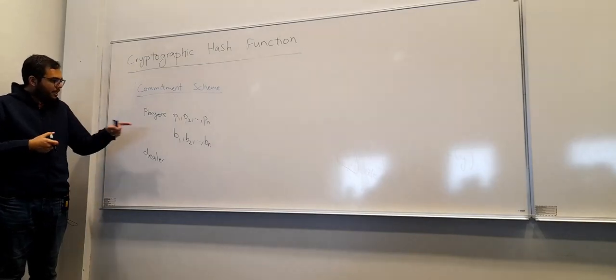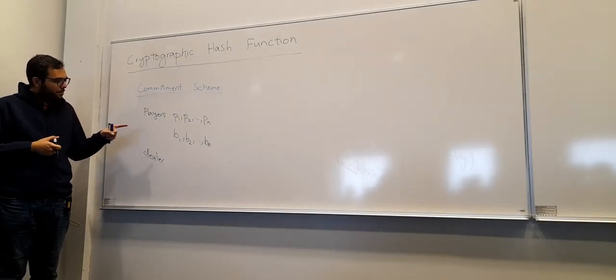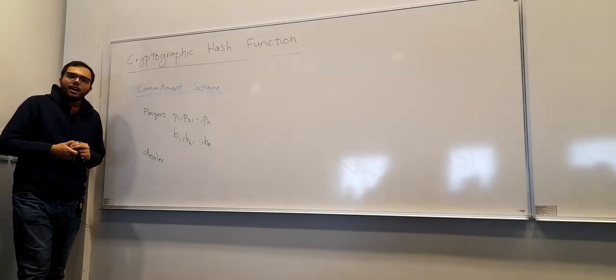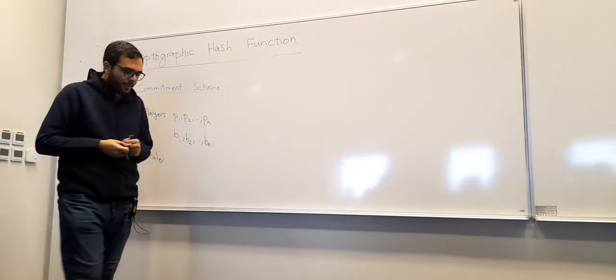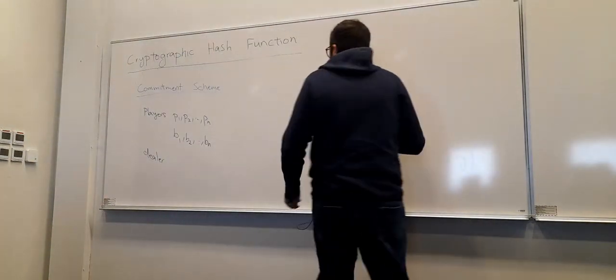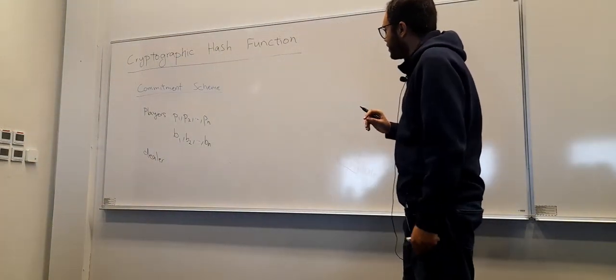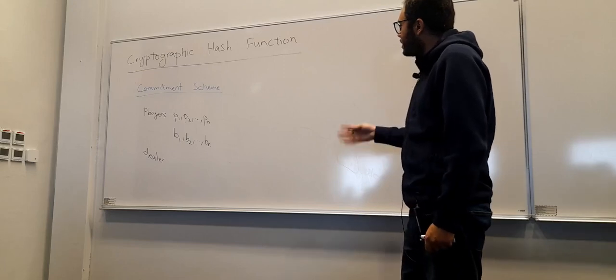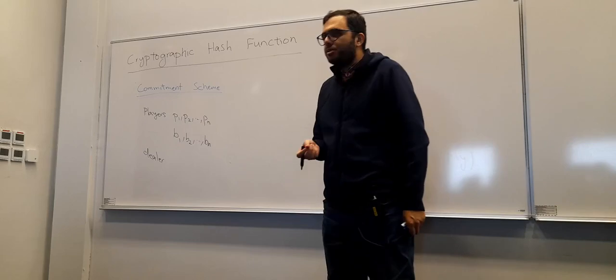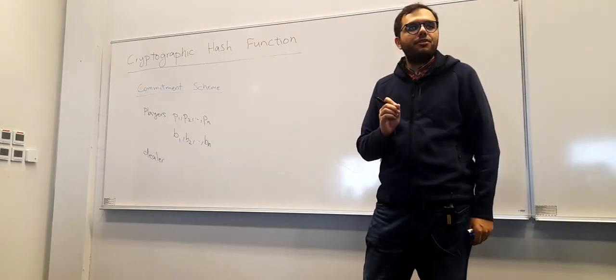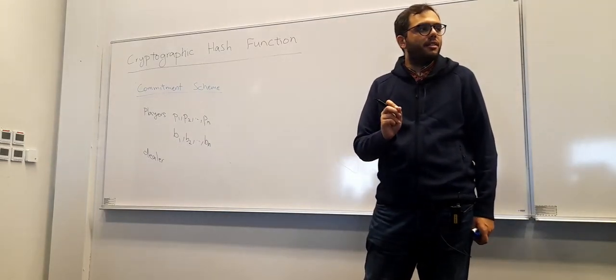Now, I have N players. They each have a bid in mind. I want to make sure that I have a bunch of properties. Well, I want to run a protocol. I have to design the protocol, of course. But what are the properties that I like this protocol to have? First of all, I want to make sure that at the end of the protocol, we can find out who had the highest bid, right?